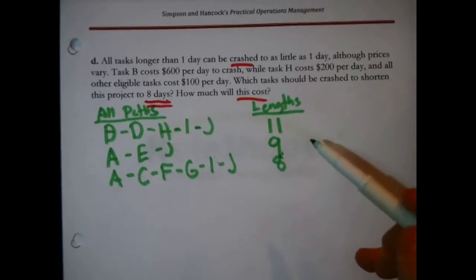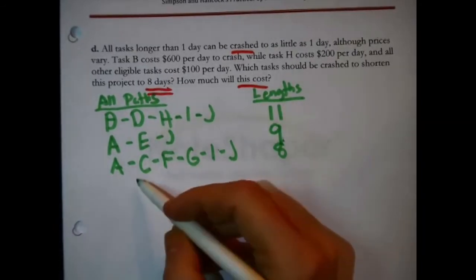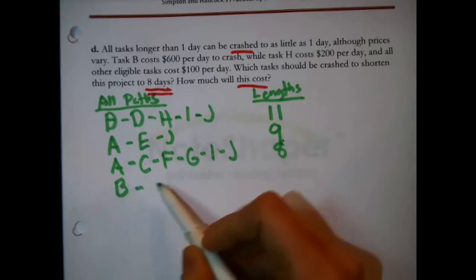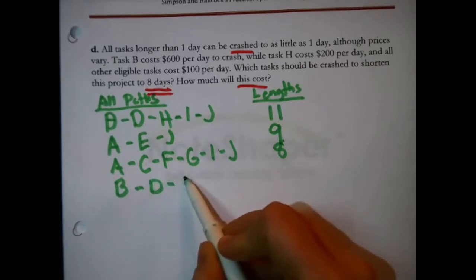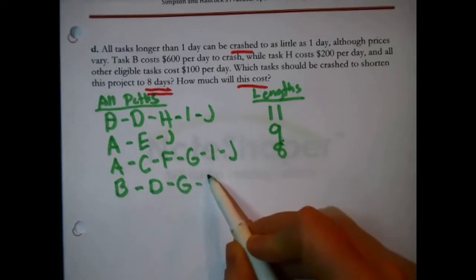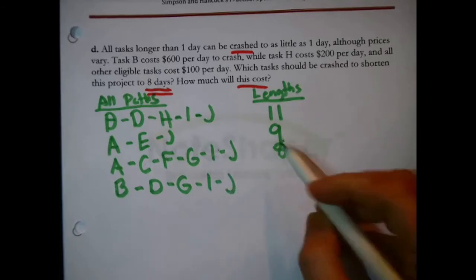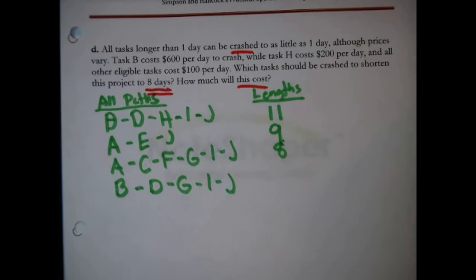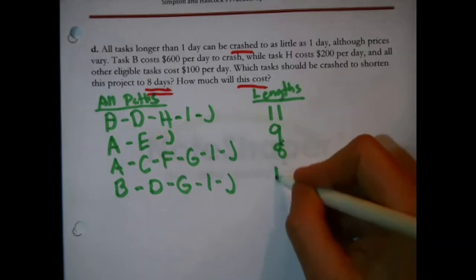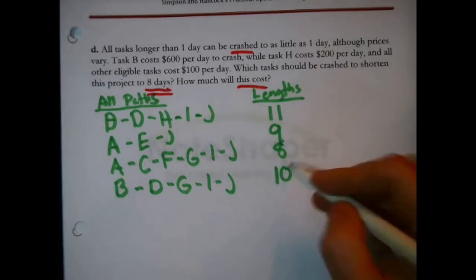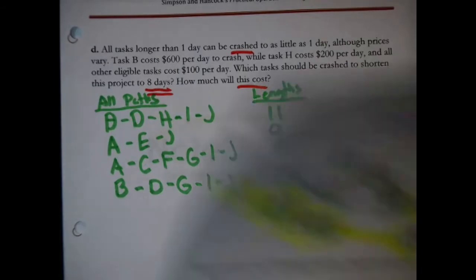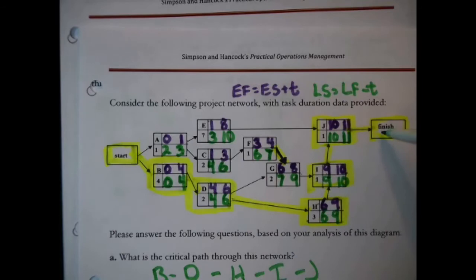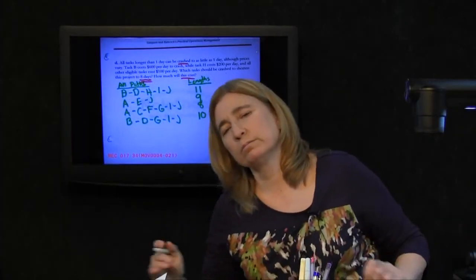And then finally, there's another path that starts with B, from B to D to G to I to J. That path I get is 10 days long when you add up the durations, going up through here and then to the finish. You say, well, yeah, okay, fine.